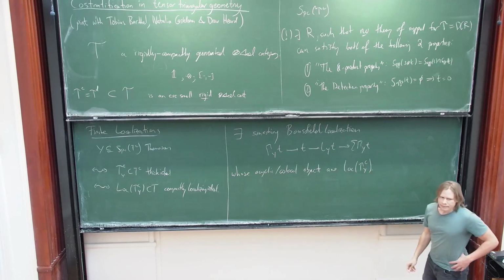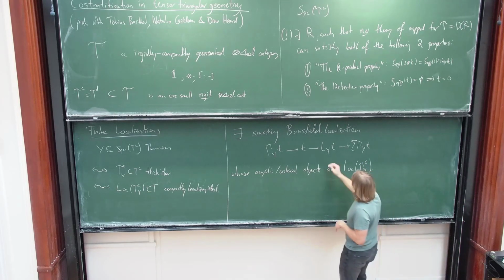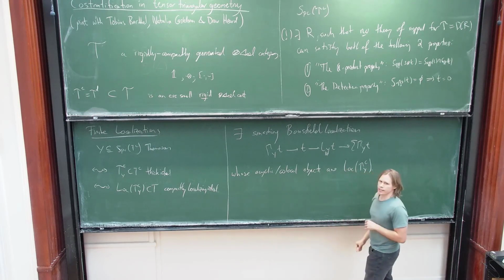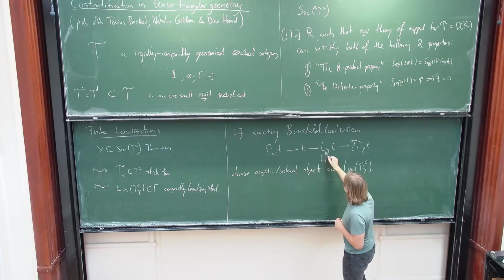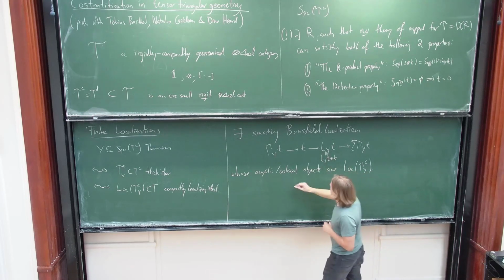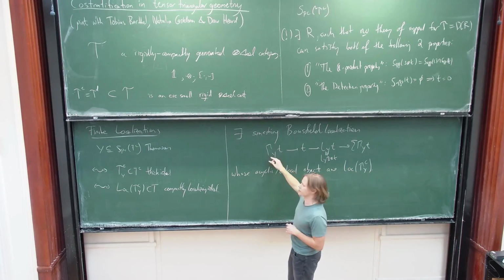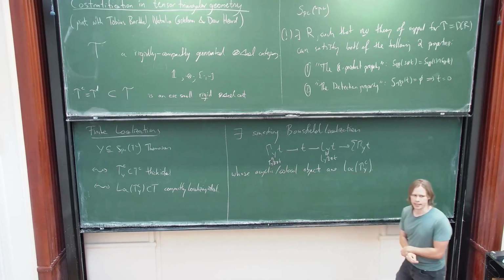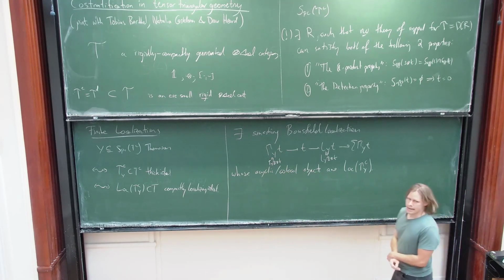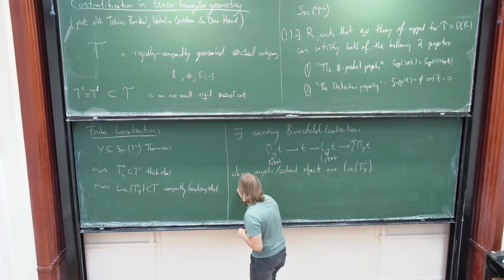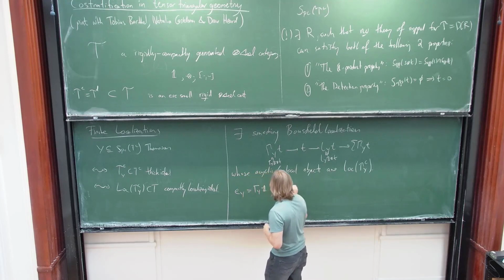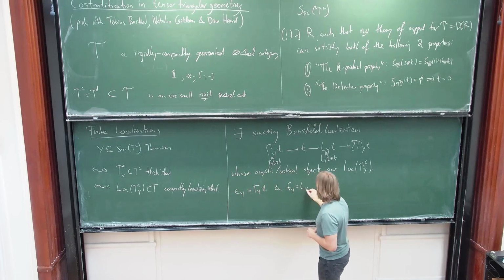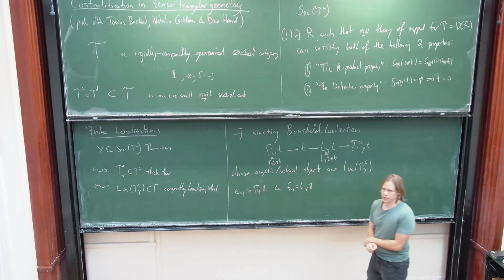Okay. It's a smashing localization, so really the localization is just tensoring with the localization of the unit, and similarly the co-localization is just tensoring with the co-localization of the unit. I'd like to use the notation E_Y for this co-localization of the unit, and F_Y for the localization of the unit.